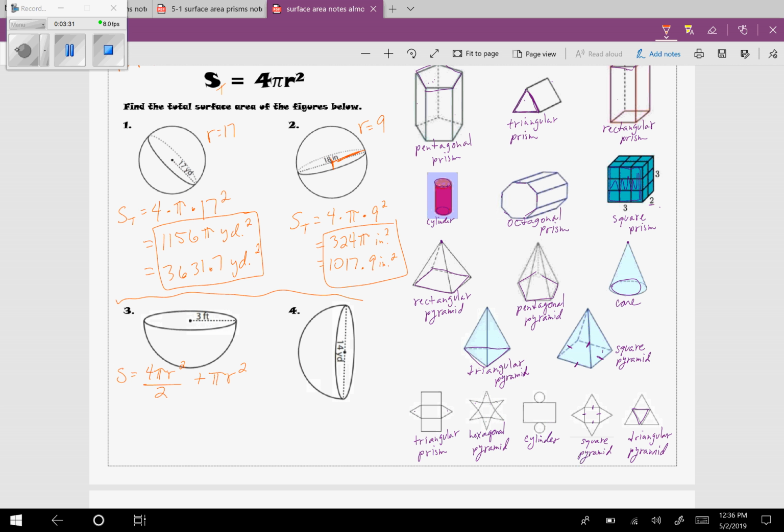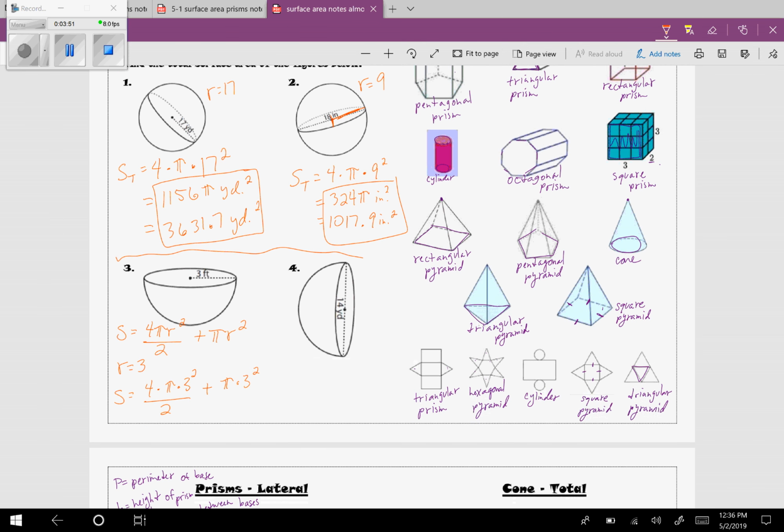So let's do this one here. Again, the only thing you need to know about your sphere is the radius. In this one, our radius is 3. So our surface area is going to be 4 times pi times 3 squared divided by 2 plus pi times 3 squared. When calculating this, I like to do everything except for the pi. So 4 times 3 squared, that's 4 times 9, which is 36, and divide that by 2.